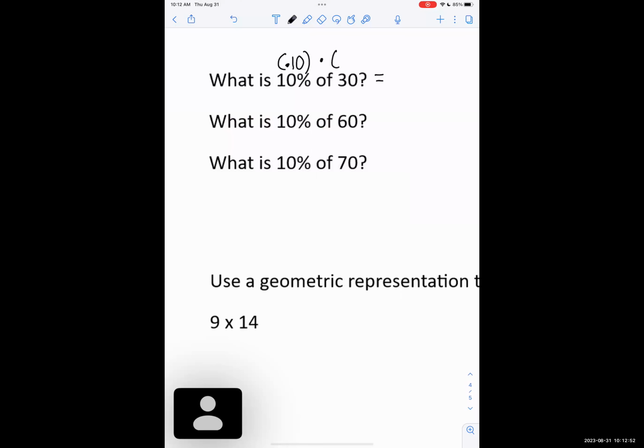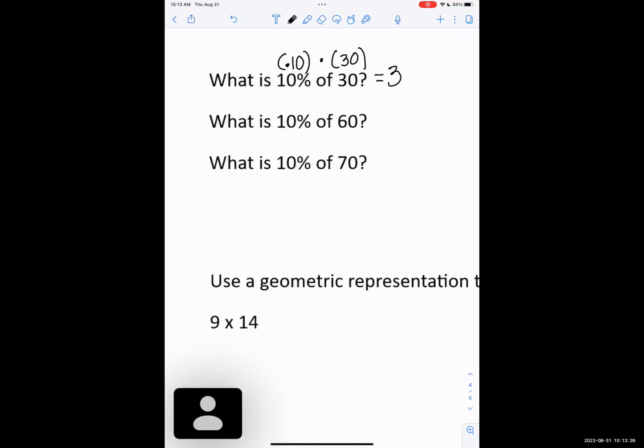Of is times 30. Okay, so Zoomers, what is 0.10 times 30? Ooh, careful. It is 3.